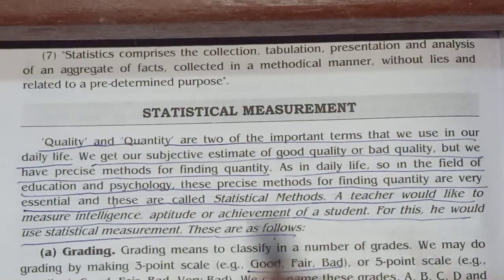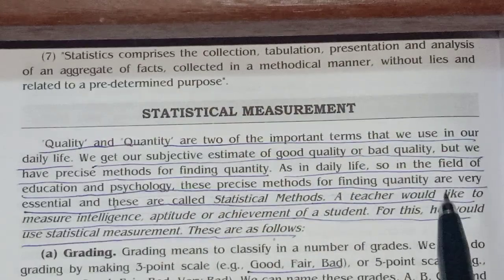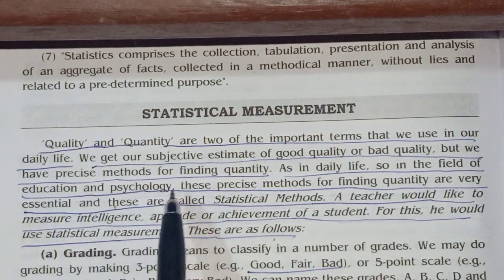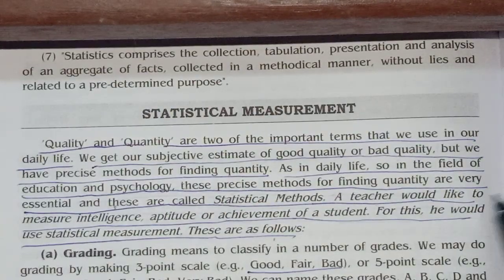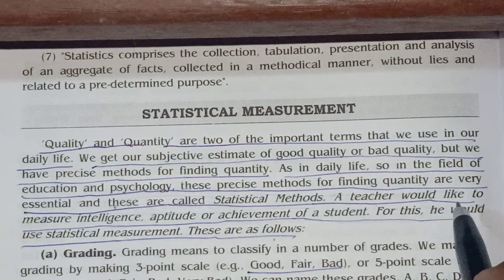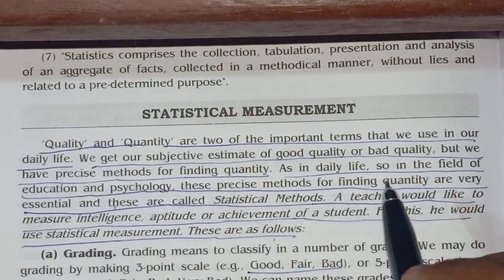Statistical measurements. Quality and quantity are two of the important terms that we use in our daily life. We get our subjective estimate of good quality or bad quality, but we have a precise method for finding quantity. In the field of education and psychology, these precise methods for finding quantity are very essential, and these are called statistical methods.